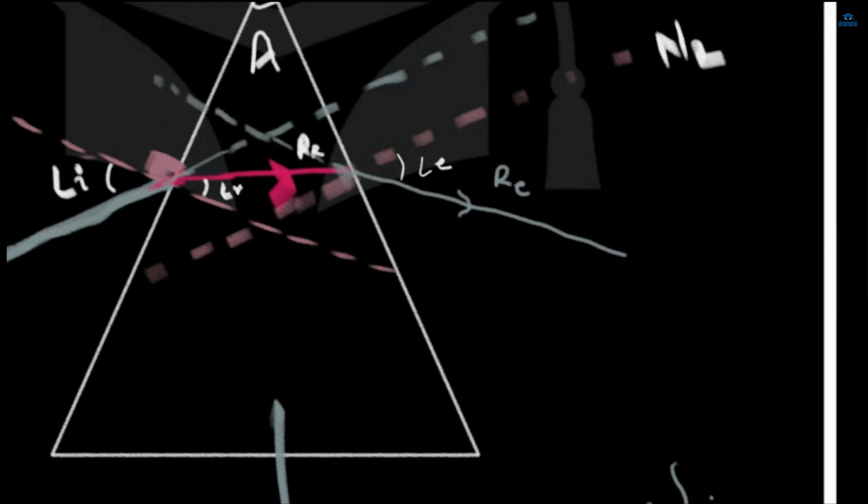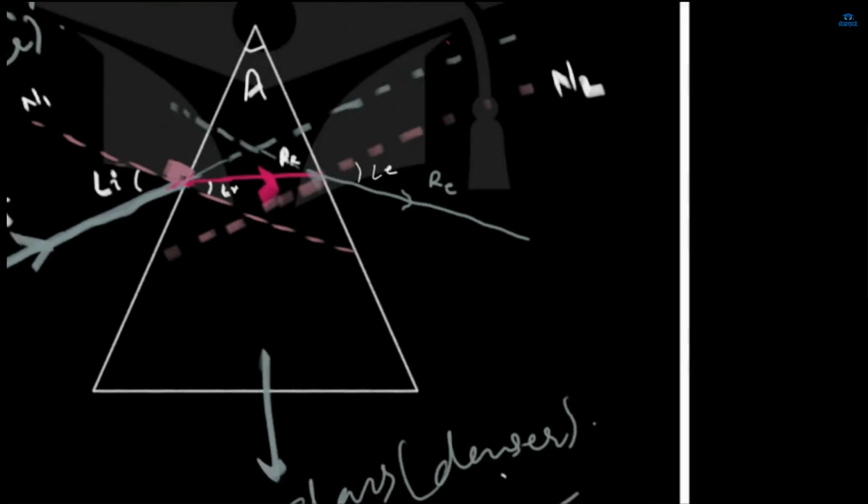Okay. Now see. If the prism were not there, the ray would have followed this path. Right or wrong? What if this prism were not there? The light would have followed this path, right? But due to the prism, light has followed this path.